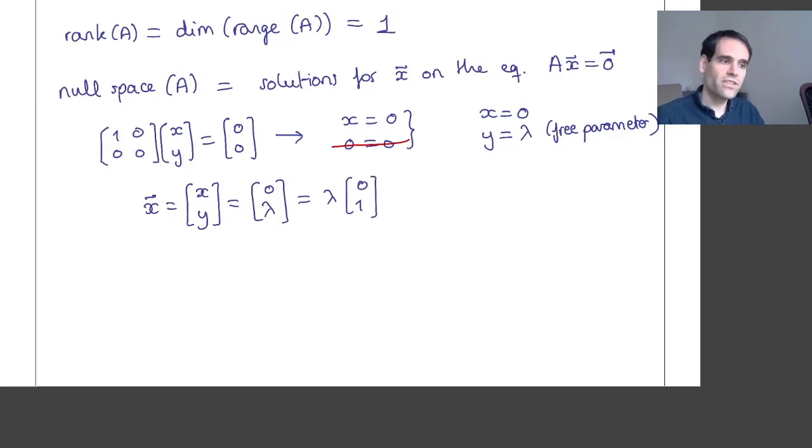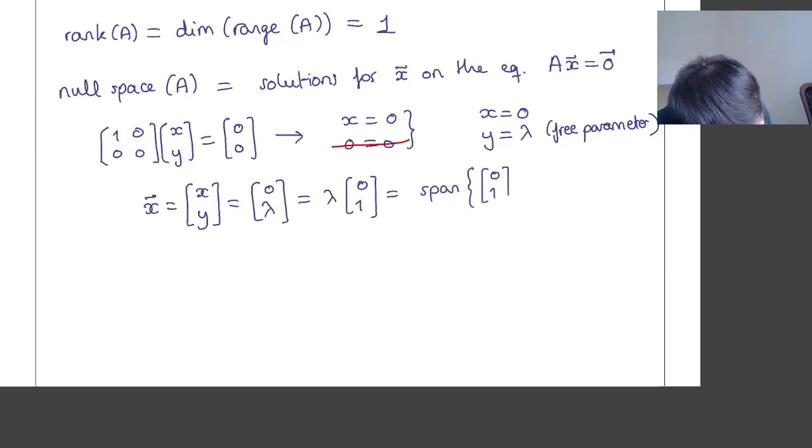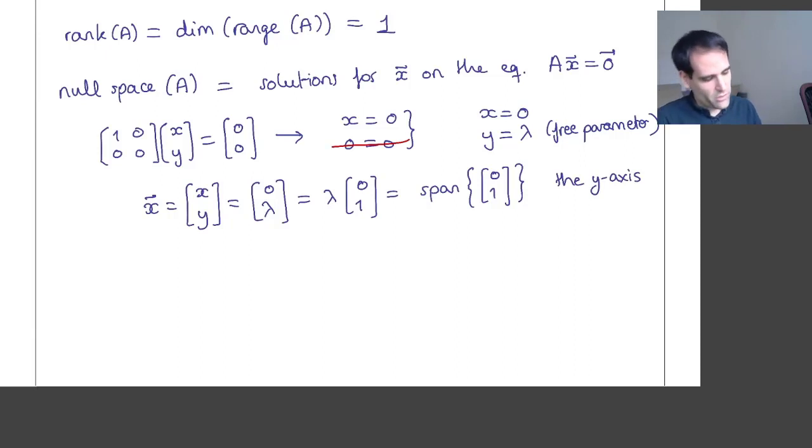So this is the equation of a line, which has one degree of freedom. It has one dimension. We could also say that this is equal to the span of this vector (0, 1), because it's a linear combination of a single vector. And it is a line. And this line is the y-axis. So the null space of A is this line, the y-axis.